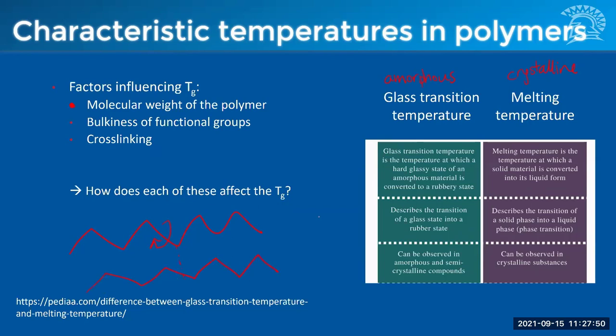The longer your polymer is, so the higher the molecular weight, the more of these secondary associations you are going to form. So the higher the molecular weight, the higher the glass transition temperature, because you're going to need more energy to break more bonds in the material. So molecular weight influences glass transition temperature.